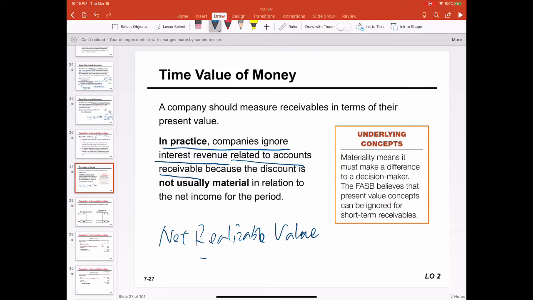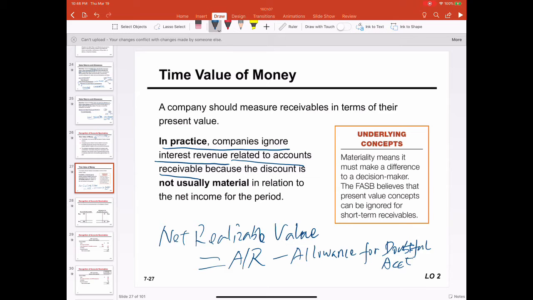It actually equals accounts receivable, which is the gross amount, subtract allowance for doubtful accounts. The difference is the net realizable value.